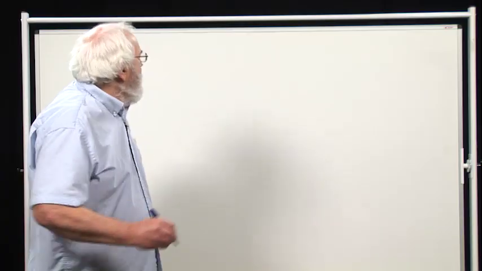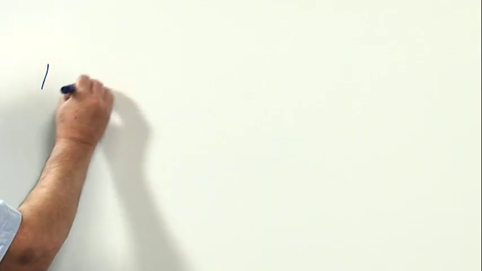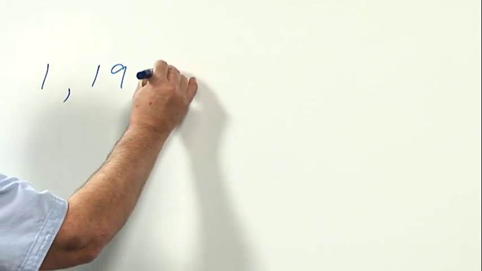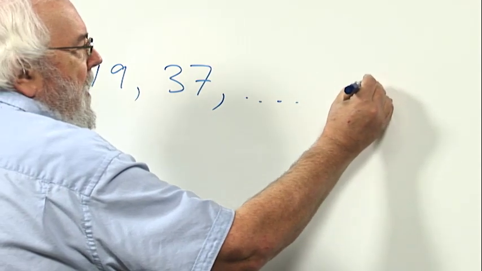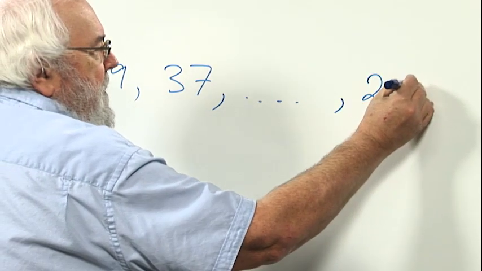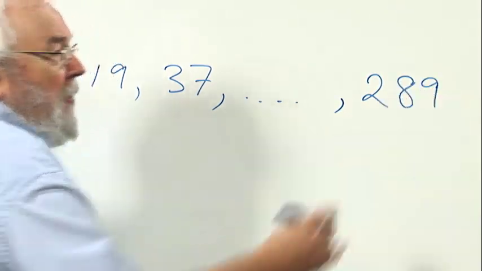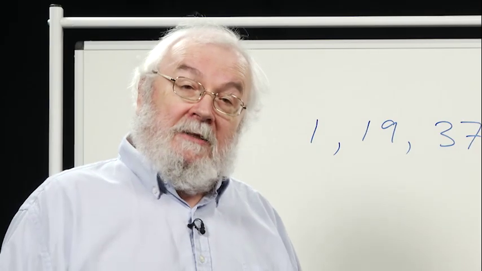So let's look at the numbers which are one more than a multiple of 18 that were on the cards. There's 1, 19, 37, and then lots more. And the largest one is 289, which we saw earlier because it was 17 squared.